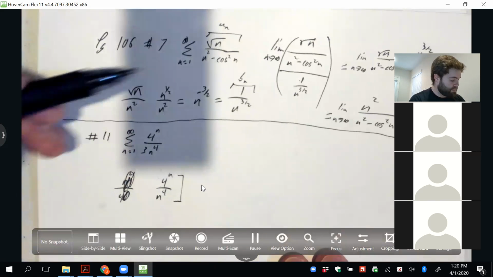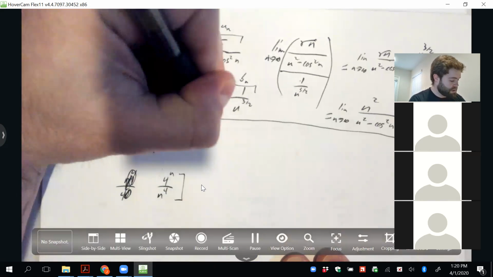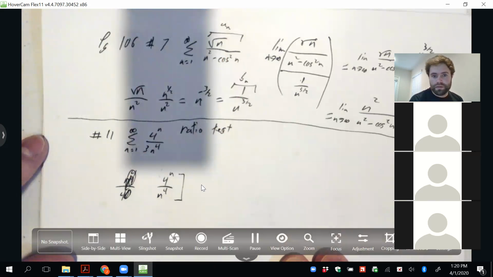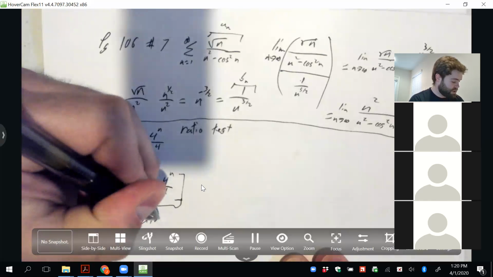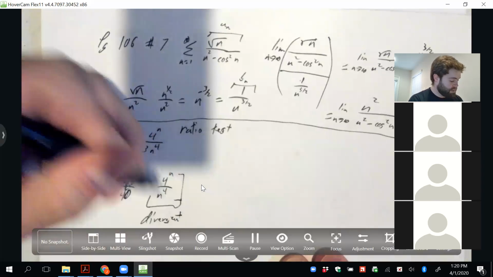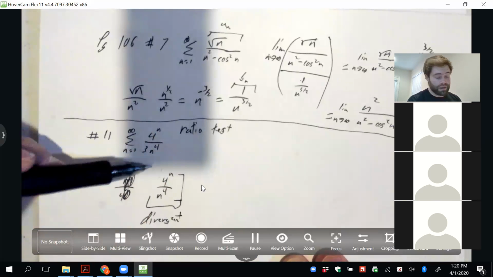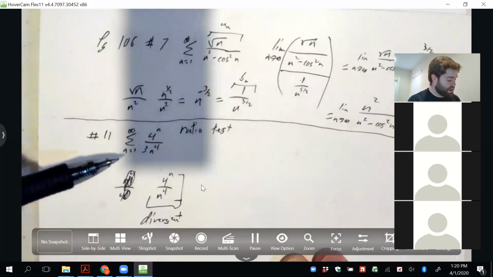This particular problem would make better sense by doing the ratio test, which we will learn later today. But according to their key, it is divergent, and when you do a limit comparison test, the limit does end up being either 1/3 or 3, depending on which sequence is on top.